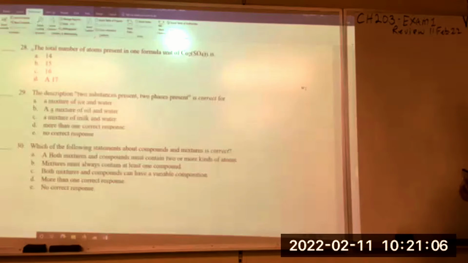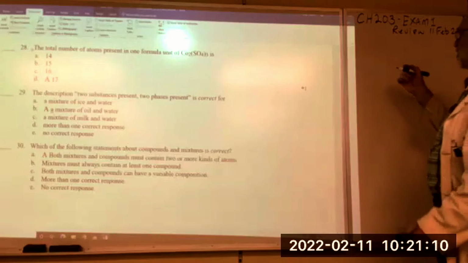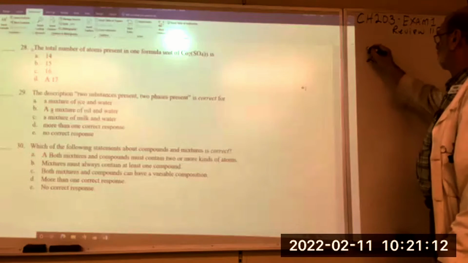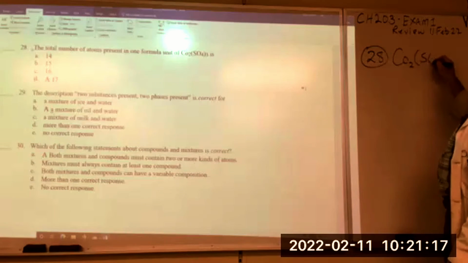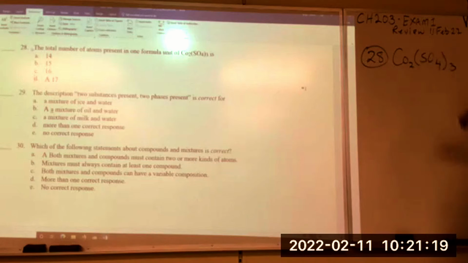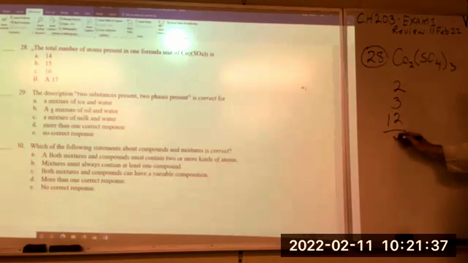Okay, the total number of atoms present in one formula unit of this compound. Let's see, what do we got? Co2(SO4)3. Okay, cobalt, sulfur, oxygen. All right, how many atoms do we have here? Well, we've got 2 cobalts here, right? How many sulfurs do we have? 3. Okay. How many oxygens do we have? 12. So that's 17.